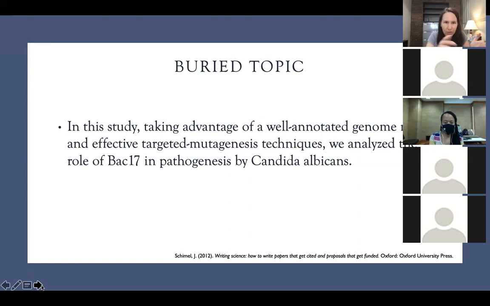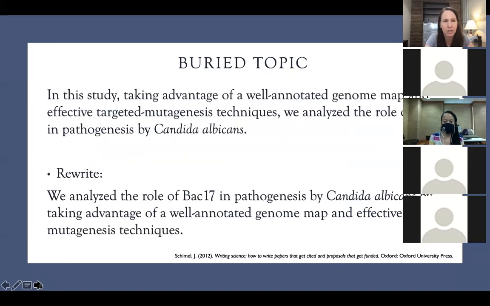So oftentimes your reader will read quickly over something like that they don't have a framework for. And then "we analyze the role of BAC17 in pathogenesis." And then hopefully maybe they'll go back or remember what that beginning section was, but that's pretty important here. So we can rewrite this to not slow down your reader and write it something like this.